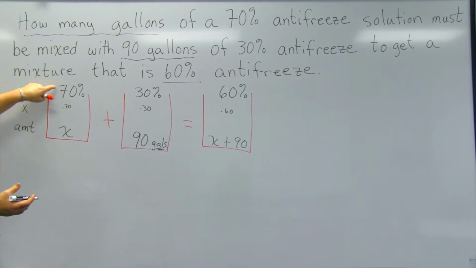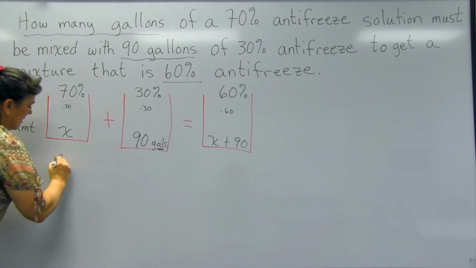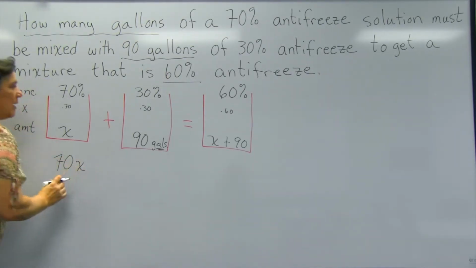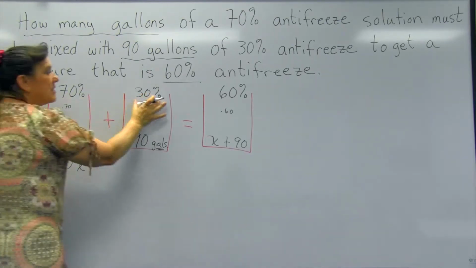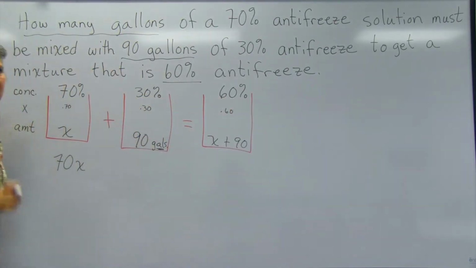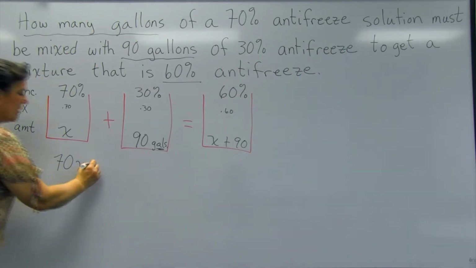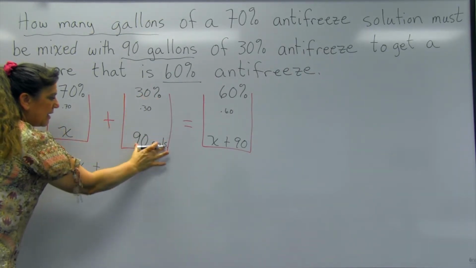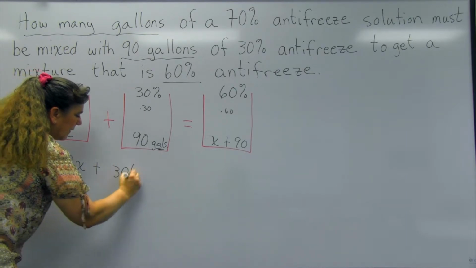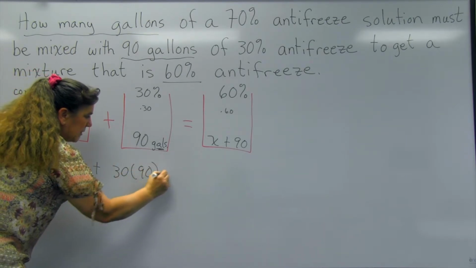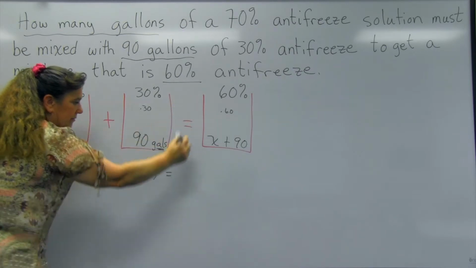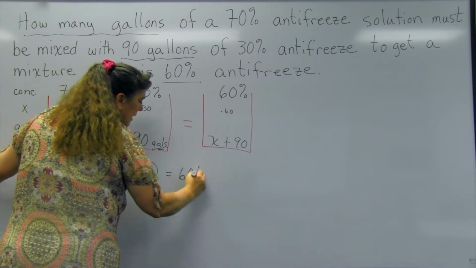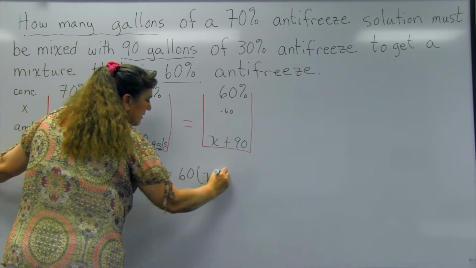So we're just going to keep the 70, and we're going to multiply it 70 times X. But remember, we can only do this if they are all the same. So I can't emphasize that enough because you can't do it all the time. 70X plus 30 times 90, and that's going to my equals. And what's over here? My 60 times X plus 90.